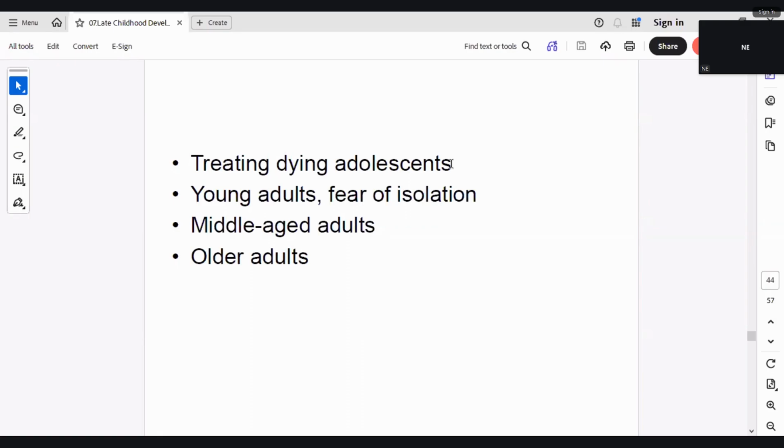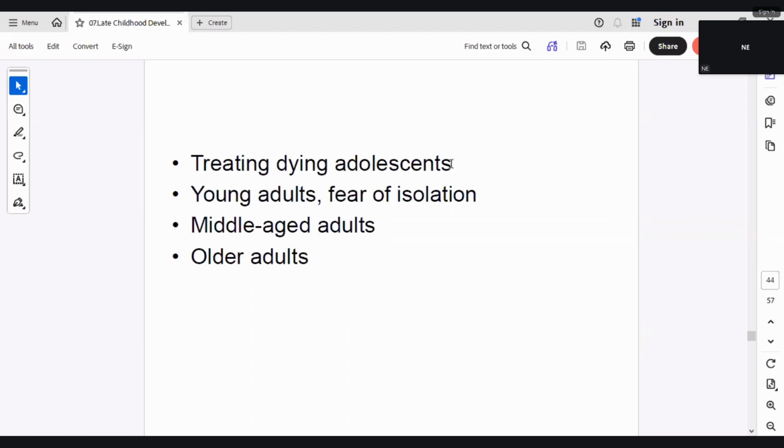They're going to research, Google things. And so if you start off by not telling them the truth, and that's very common, parents don't want to tell kids the truth because they don't want to hurt them, but they end up hurting them anyways. With young adults, it's a fear of isolation, that everybody's going to leave them because of their disease.